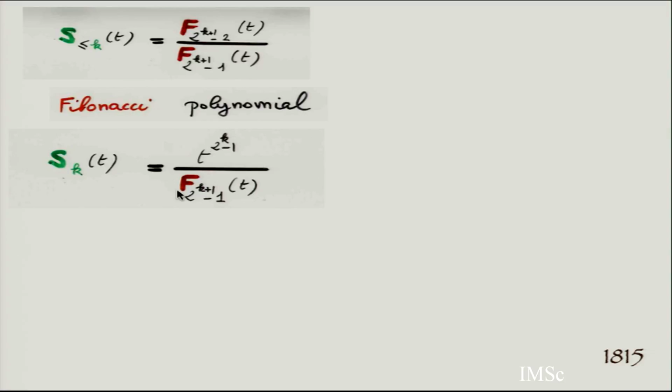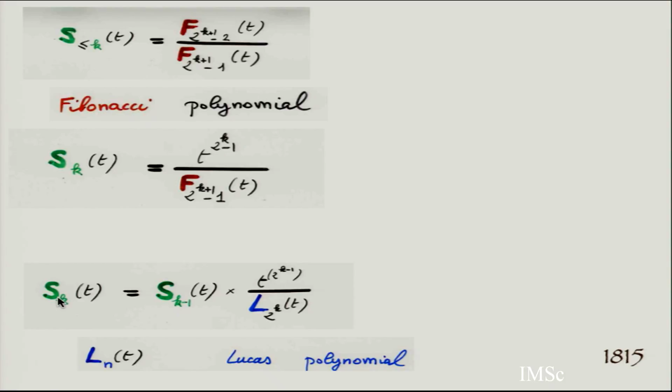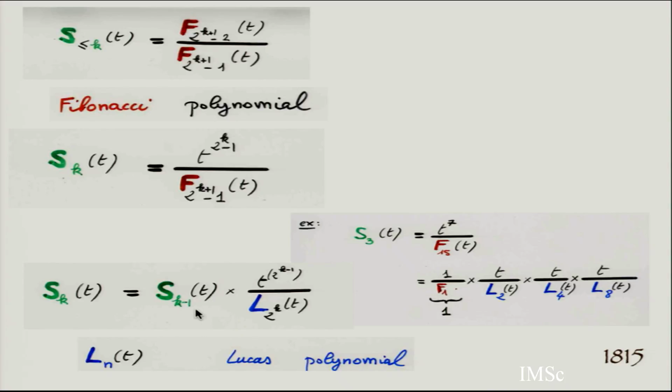Some trigonometric property of Fibonacci polynomials gives you this. And now this generating function is going to be this multiplied by the Lucas polynomial up here. There was an exercise: Fibonacci of index 2n equals Fibonacci n multiplied by Lucas n. So apply this to 2 power k plus 1 and you get this equality. Repeat it many times and you get this.